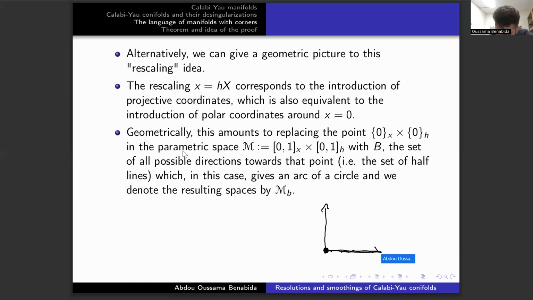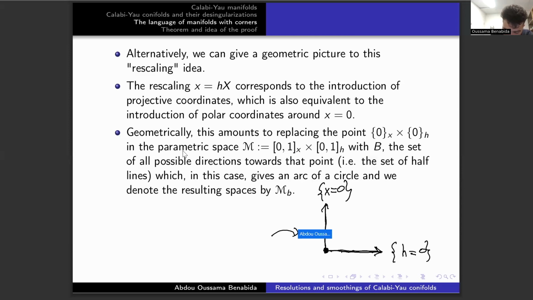This is the boundary hypersurface defined by h equal to 0. In this case, we call h a boundary defining function for this boundary hypersurface, and this is x equal to 0. So x is a boundary defining function for this boundary hypersurface.